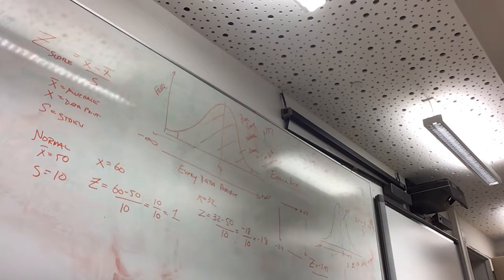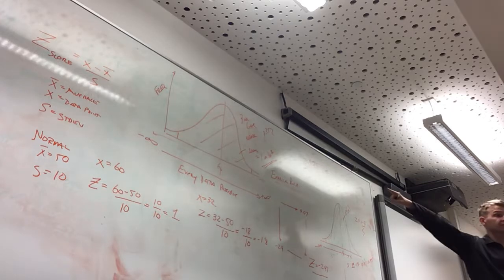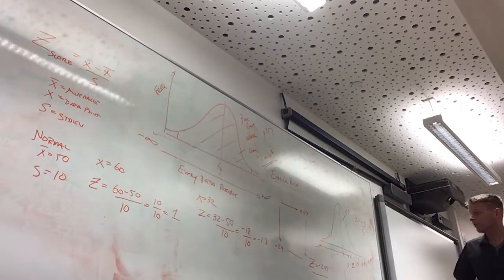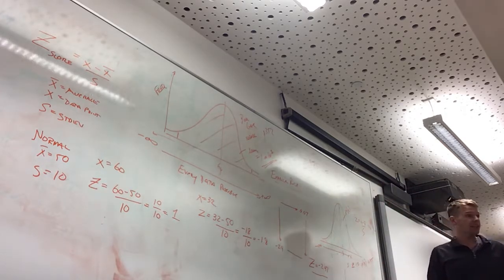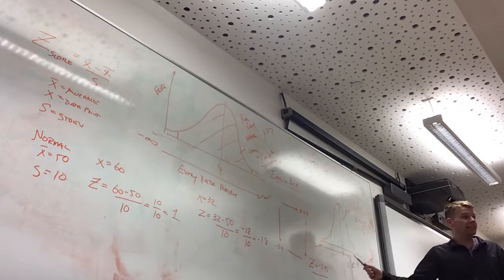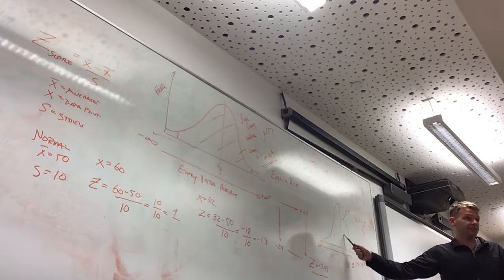Exactly right. So let's play some logic here for a quick second. We said the total area under the curve is equal to 1, or 100%. So if I know from negative infinity to positive infinity, it's 100%, just like a pie. And if I go negative infinity to this point, I get 97.5% of the data.